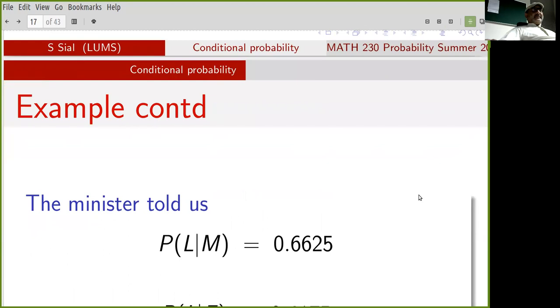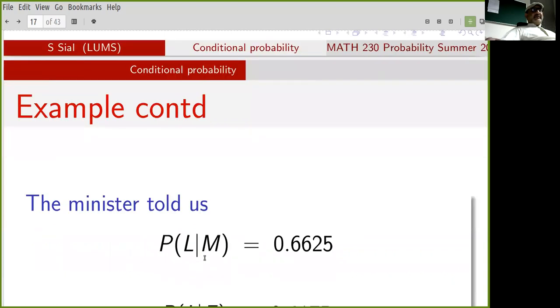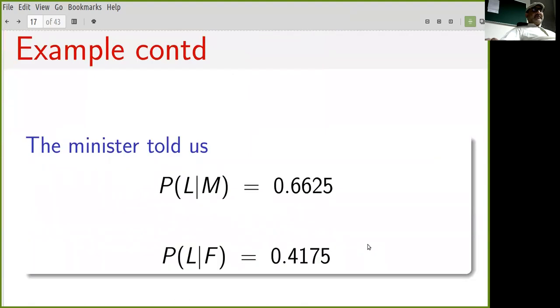In this example, the minister was giving the statistics. So the minister told us that the probability that an adult Pakistani is literate, given that they are male, is 0.6625. And the other piece of information was that the probability that an adult Pakistani is literate, given that they are female, is 0.4175.